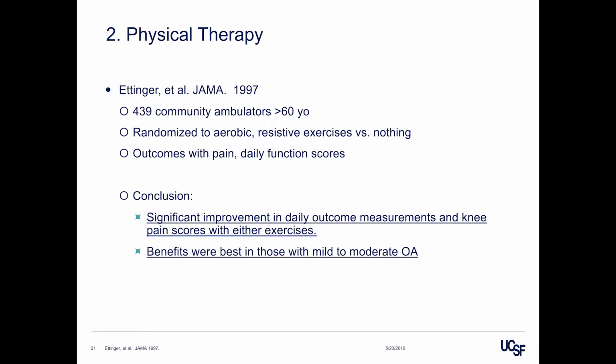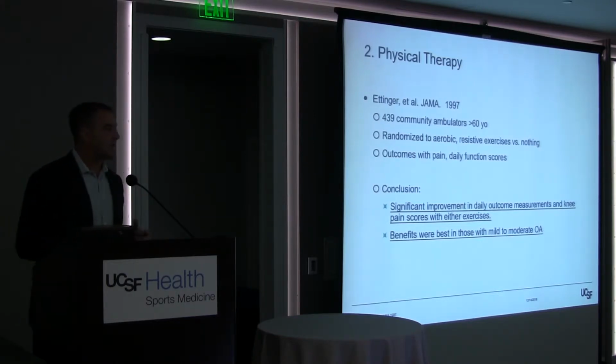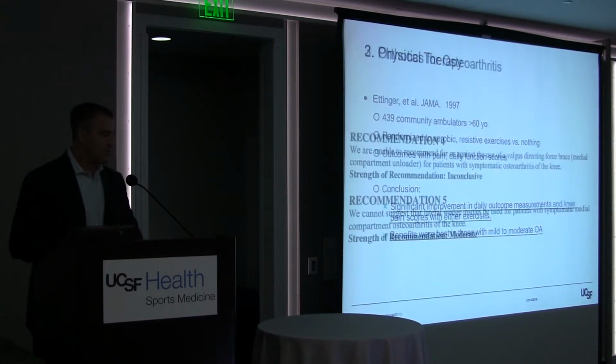And they looked at daily function scores and pain scores and found that the take-home point is that the people with mild to moderate arthritis who weren't all that symptomatic on x-ray or physical exam tended to do a lot better than the people who had severe arthritis. So the patients who are essentially bone on bone, they're really miserable. Maybe sending them to physical therapy may not be beneficial, but the people who have mild to moderate arthritis are people who are going to do better with physical therapy.